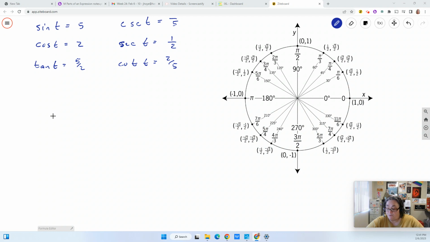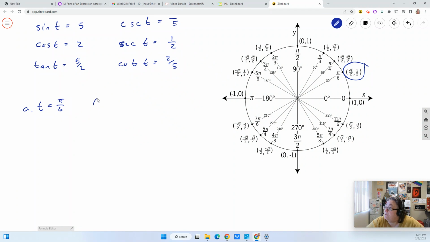So if you are asked to evaluate all 6 trig functions at, let's go with t equals pi over 6, that means we want to find all 6 trig functions based on this xy value where pi over 6 is, right?